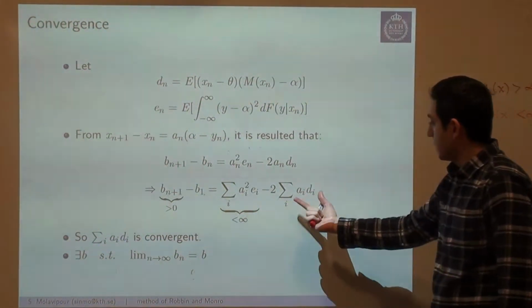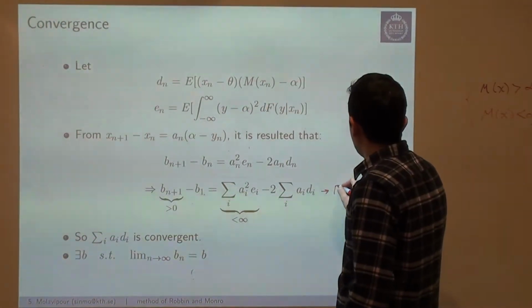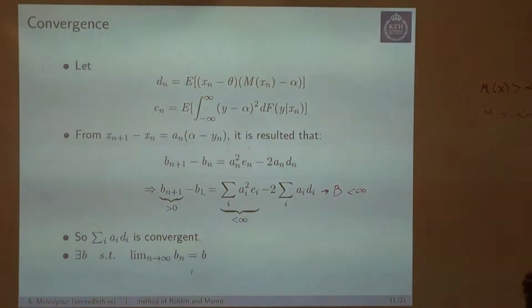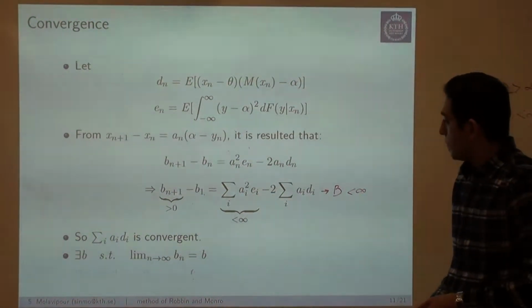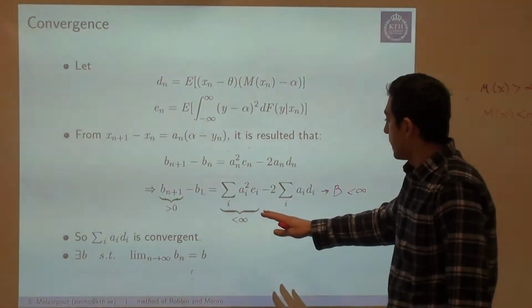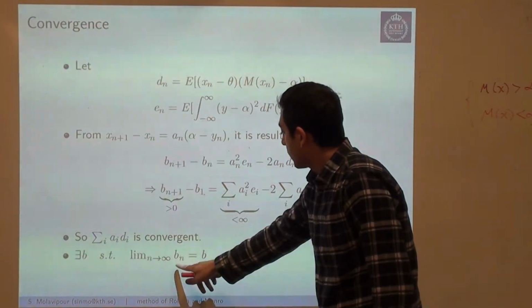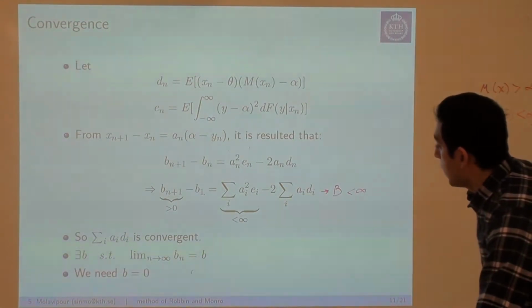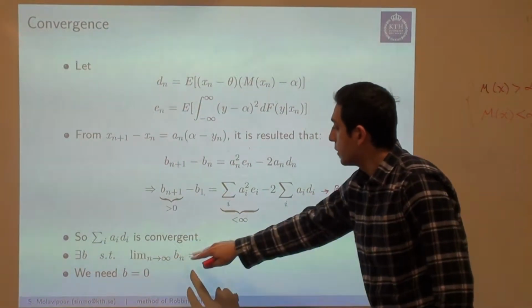So it is converging to a value like b, which is smaller than infinity. At some point, this bn converges to this b, which is a finite value, and we need to prove that this b is actually 0, so the error is converging to 0.